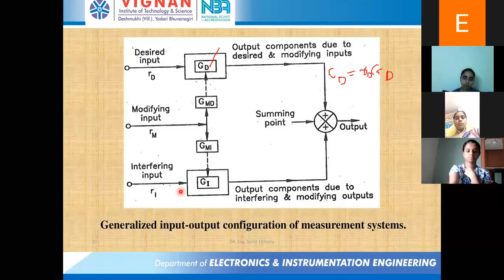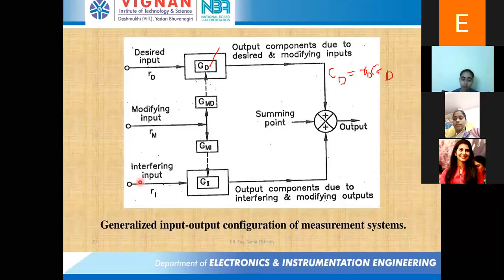The instruments are not designed to measure or respond to this type of input, but unwantedly, because of the internal principle of operation, they unintentionally respond to these interfering inputs. Because of this, Ri also produces some output, which I call Ci, with some constant relation known as Gi.